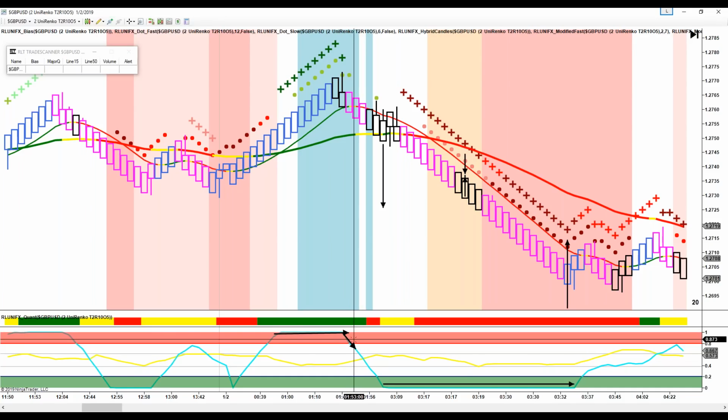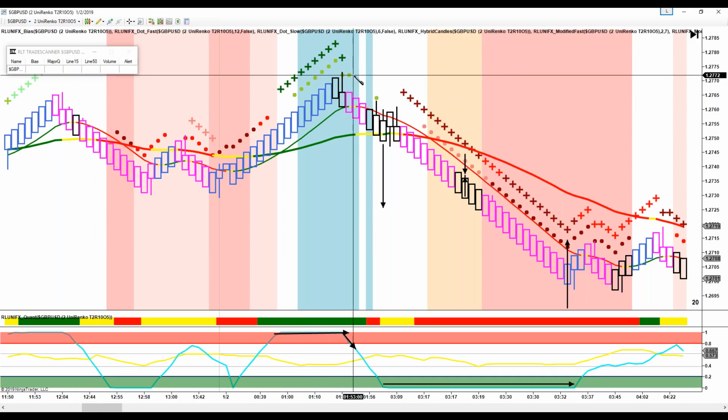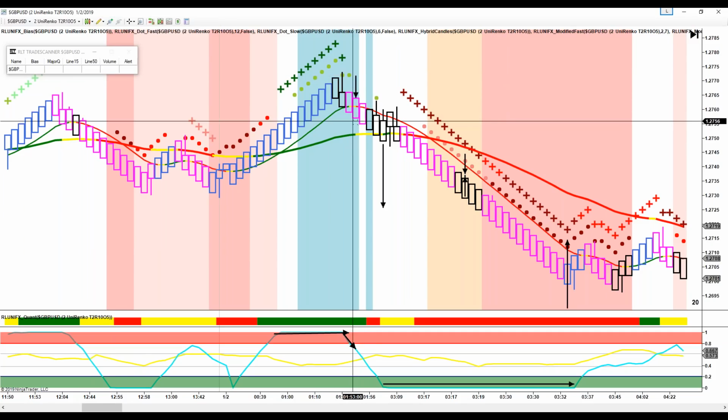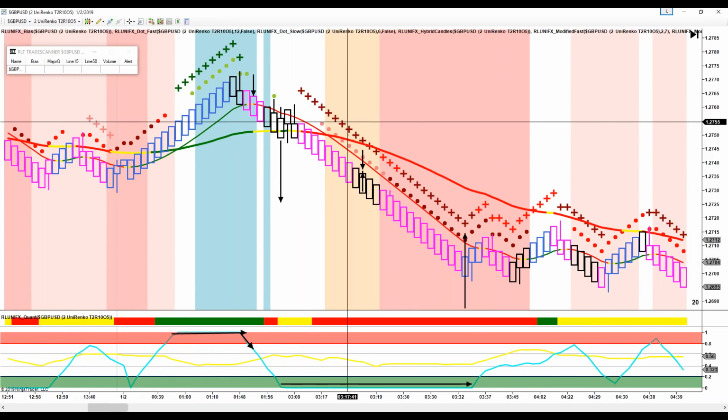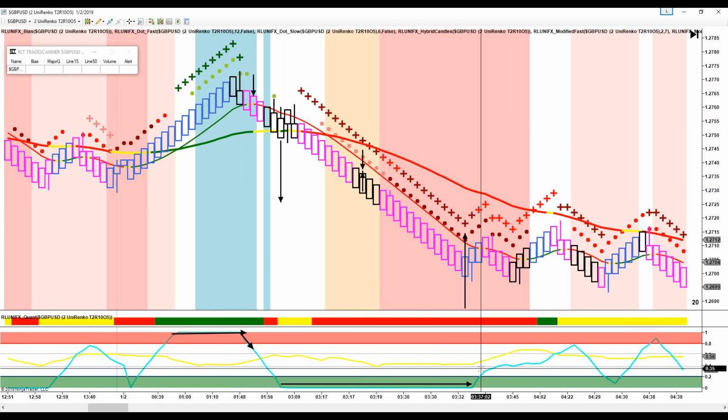So right here, you're going to get a down arrow. Right here. You can't take the trade because you're not going to trade short above the 50. Here, you're going to get a long trade, but it's the same problem. You can't trade long below the 50.